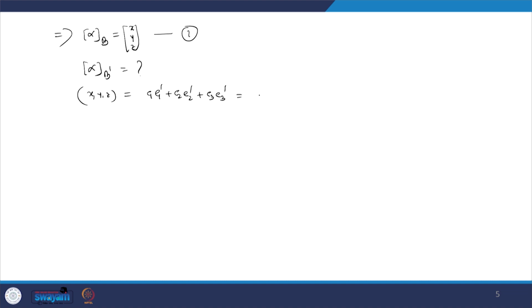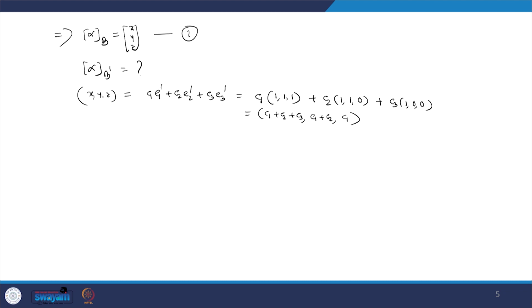This is equal to C1 into E1 prime, meaning (1, 1, 1), plus C2 into (1, 1, 0) plus C3 into (1, 0, 0). This is equal to (C1 plus C2 plus C3, C1 plus C2, this is the second entry, and the third entry will be simply C1), because I have to find out what C1, C2, C3 are.